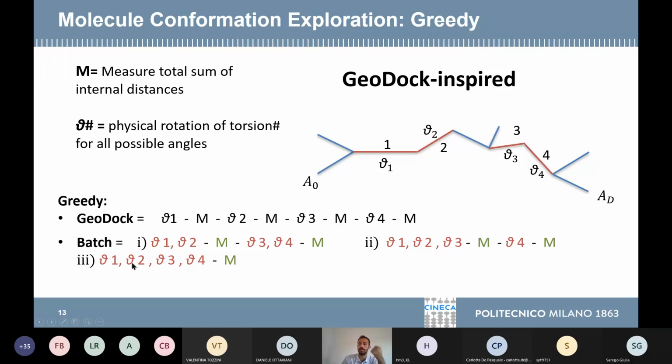In the most accurate case, you consider all of the rotatable bonds at the same time, but then this becomes much more computationally expensive because, of course, you are searching in a much larger space.